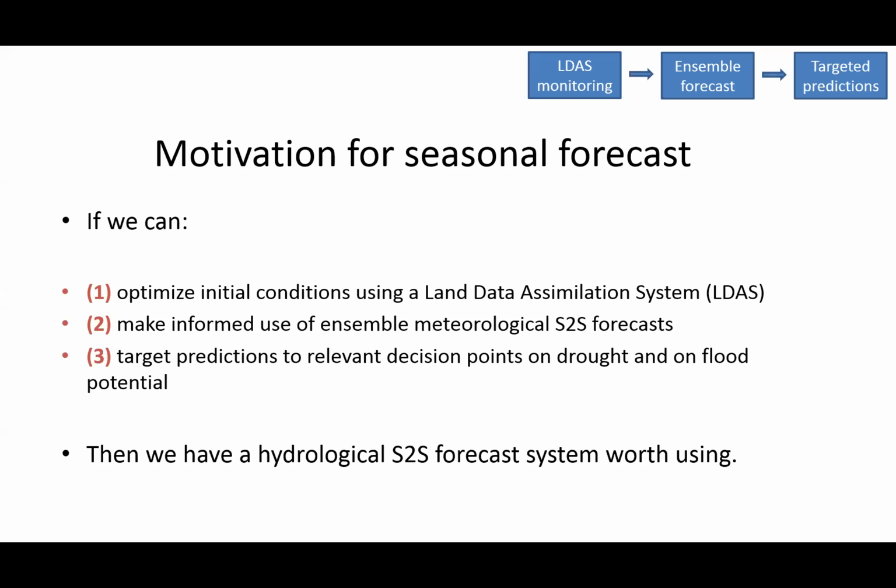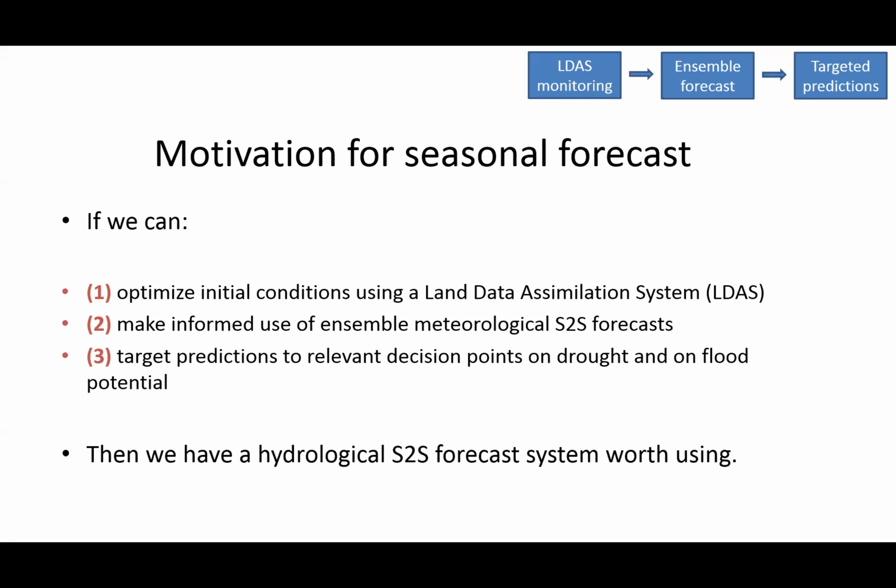I didn't mention that we have developed a land data simulation system, which is giving us observations. So if you have a good data set on initial conditions and you put forecast on that, you will have advantages in looking at the impact, especially for indicators like soil moisture and ET.